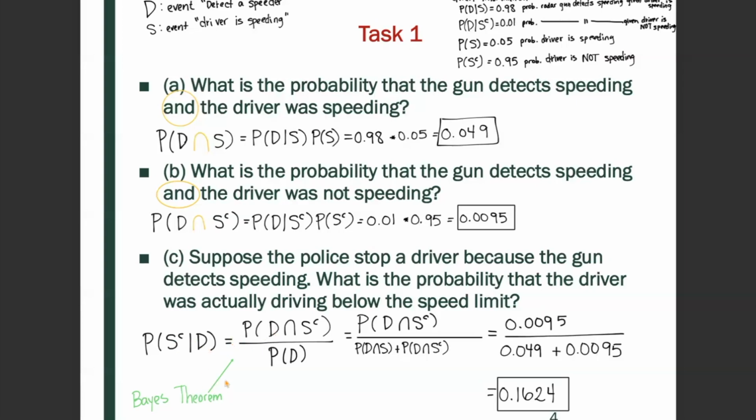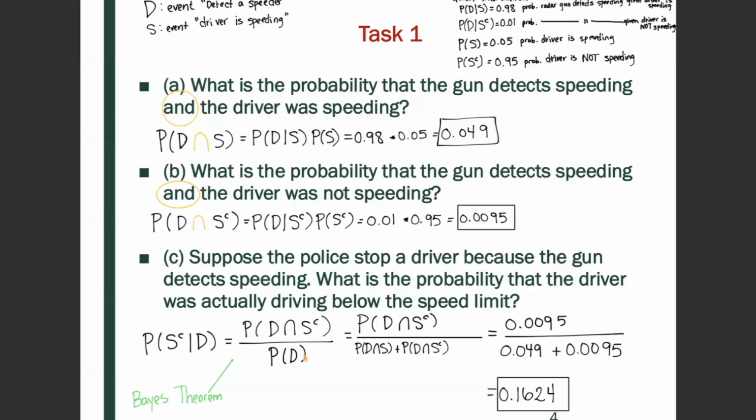Given Bayes' theorem, this is going to be equal to the probability of D, that we detect a speeder, intersect S complement, where the driver is not speeding, and then we're going to divide that by the probability of event D, where we detect a speeder.